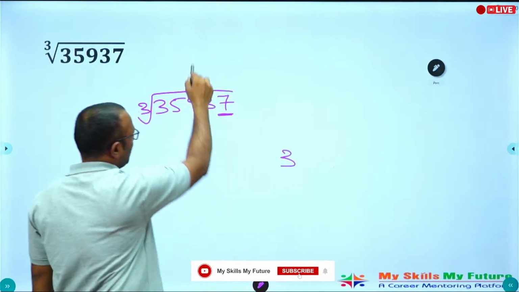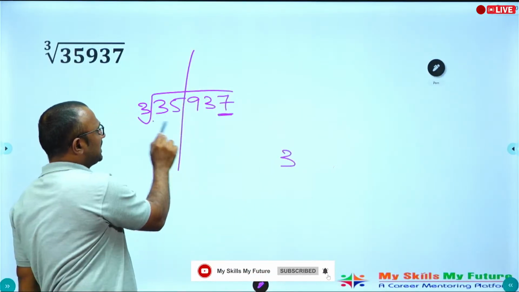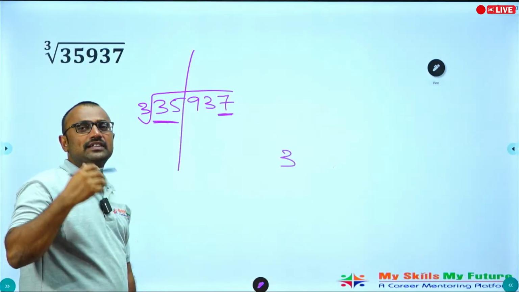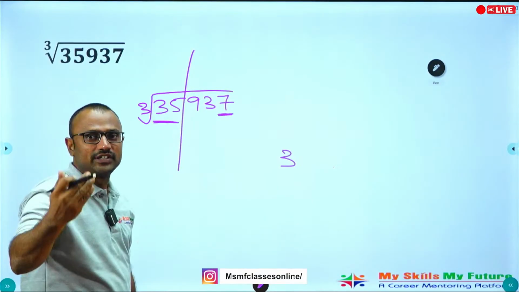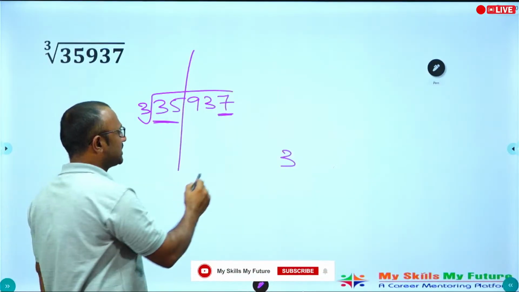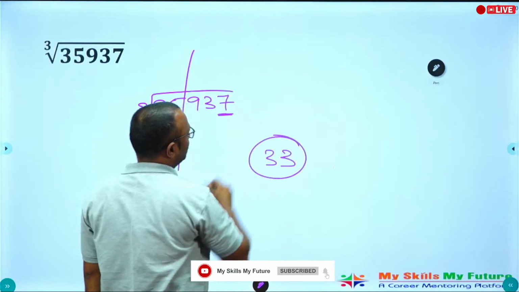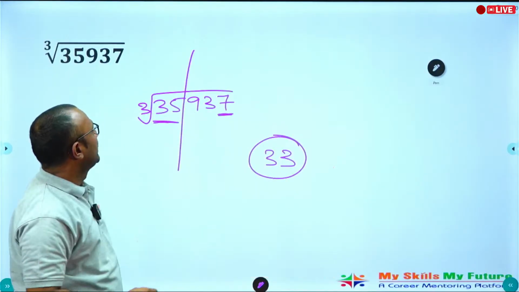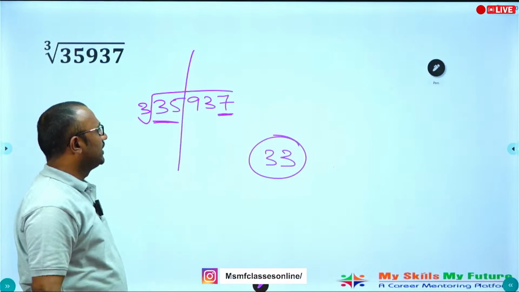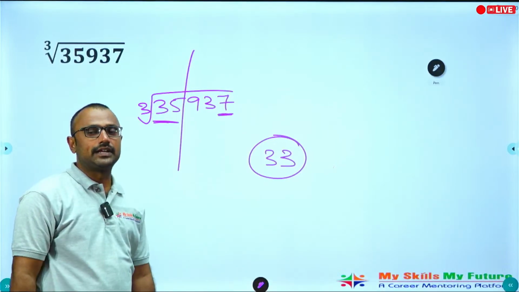Separate the last 3 digits. 35 is after which cube? 35 is just after 3 cubed. 3 cubed is 27, and after 27 we get 35. So write 3 here. 33 cubed is 35937. The cube root of 35937 is 33. Okay, right.